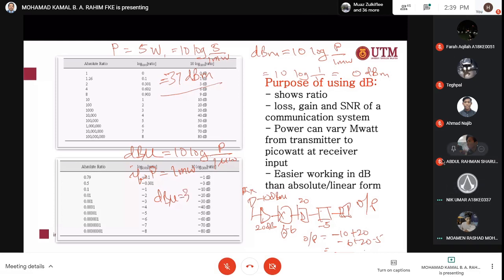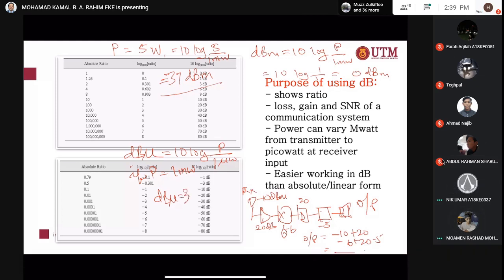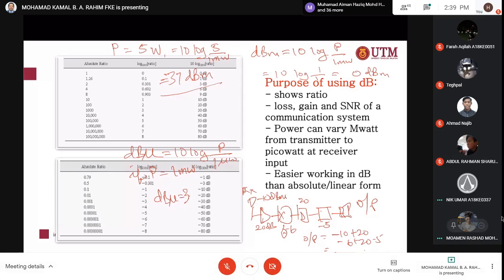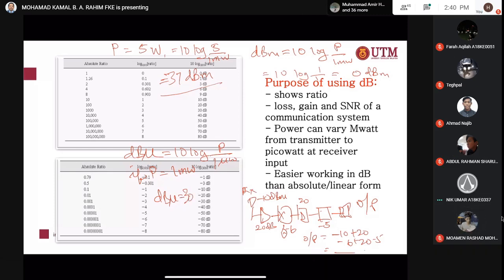Correct, 30 dBµ. So you can practice it and see how. Because actually 30 dBµ is equal to 0 dBm, is equal to 1 milliwatt. The thing is the same.